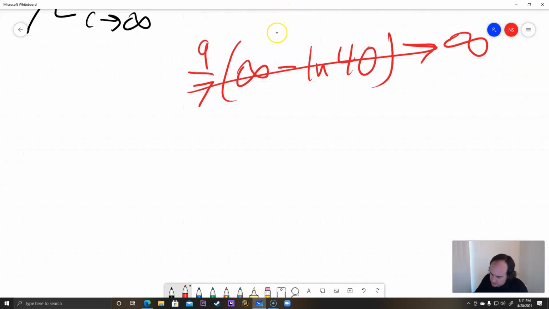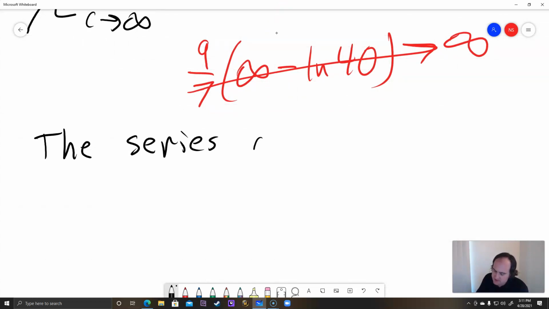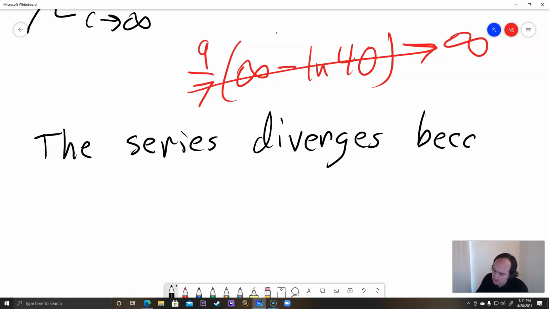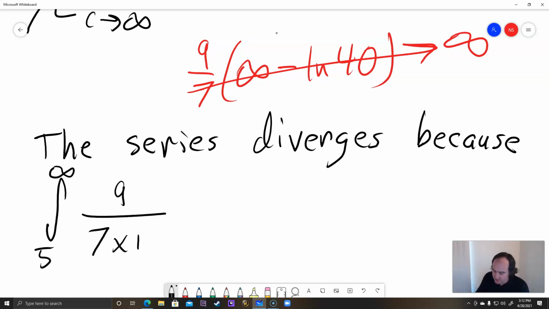So what we say is the series diverges because the limit as x goes to infinity, I'm sorry, I don't know why I wrote that. Just had a brain fart. The series diverges because the integral from 5 to infinity of 9 over 7x plus 5 equals infinity.